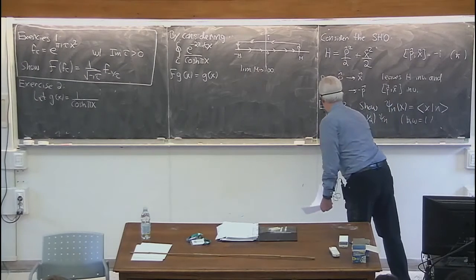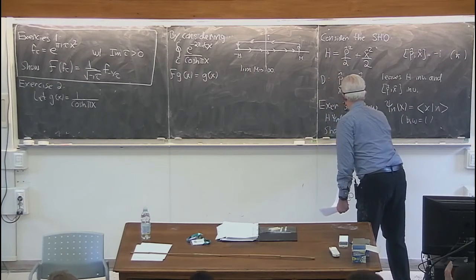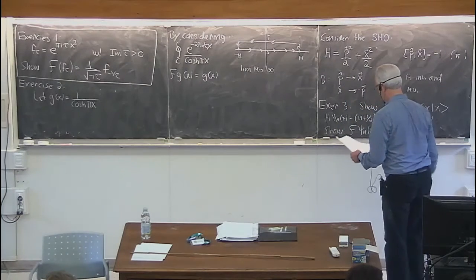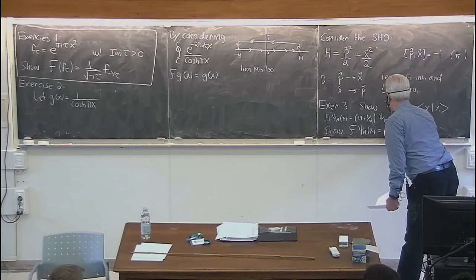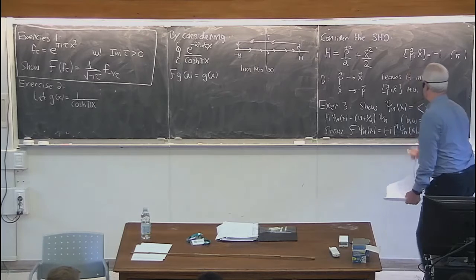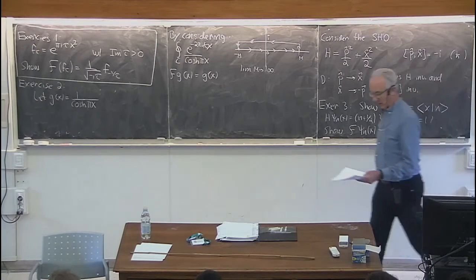Show that the Fourier transform of the nth eigenfunction is equal to minus i to the n times psi n of x. So in other words, the energy eigenfunctions of a simple harmonic oscillator, which involve Hermite polynomials times Gaussians, provide you with an infinite set of eigenfunctions of the Fourier transform.